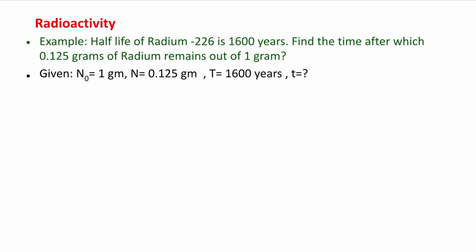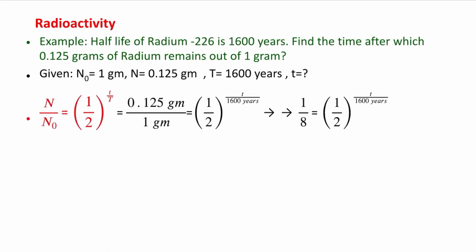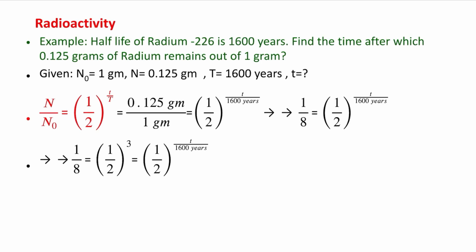So we have to find the time after which the amount of radium present will be 0.125 grams. So we are going to use the previous relation, N upon N0 is equal to 1 by 2 raised to the power small t upon capital T. Just substitute the values.